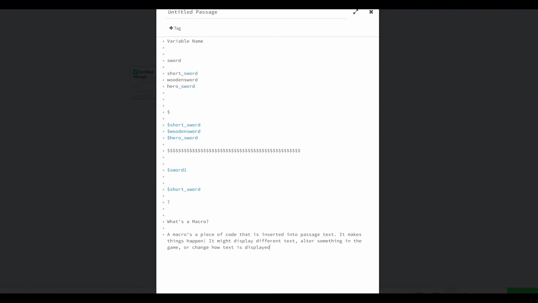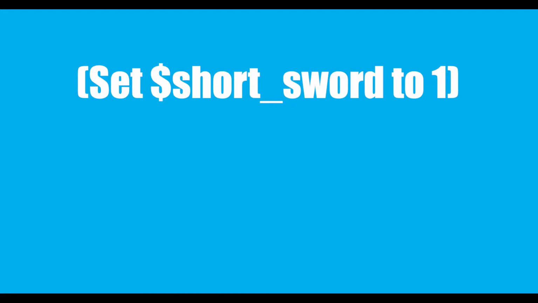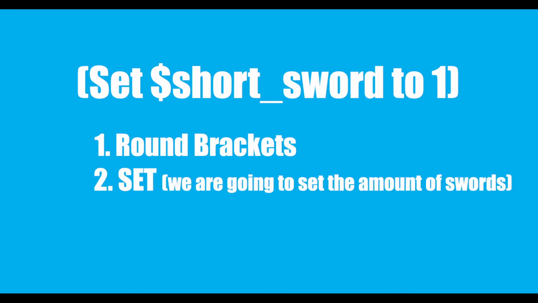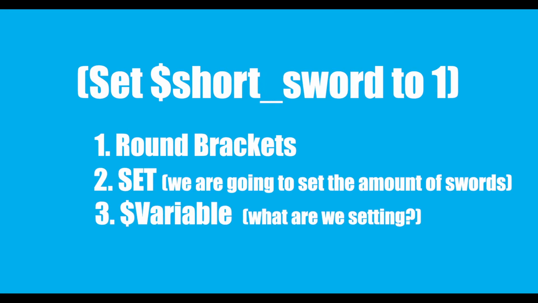For macros, we use the rounded brackets, like we're drawing a circle around our code. So you have an open round bracket. We're going to set our variable to 1, closing round bracket. This means we have one short sword.